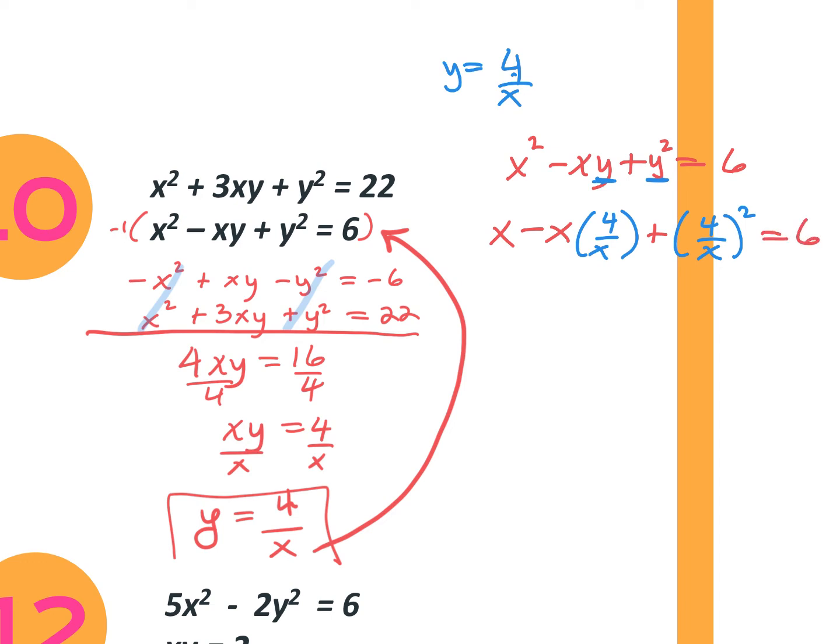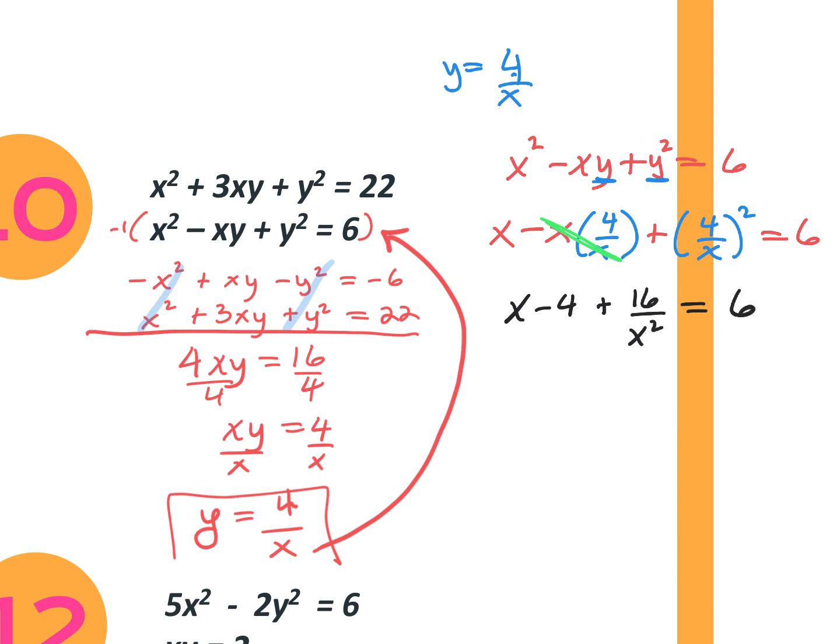Now, when I go to multiply over here, these are going to cancel. So now I'm left with x squared minus 4 plus 16 over x squared equals 6.